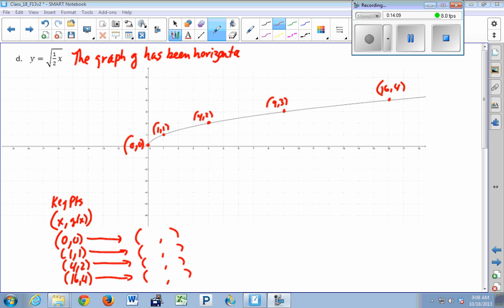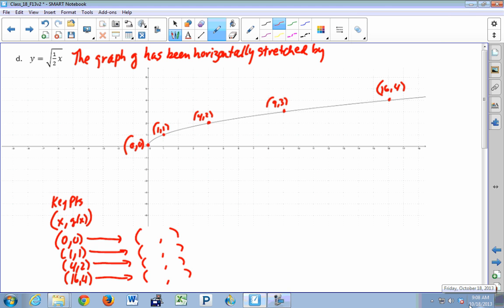Now, when you're stretching, your multiplier has to be a number bigger than 1. It has been horizontally stretched by a multiplier or a factor of, and it's basically the reciprocal of this thing. 1 divided by a half is 2. So by a factor of 2.